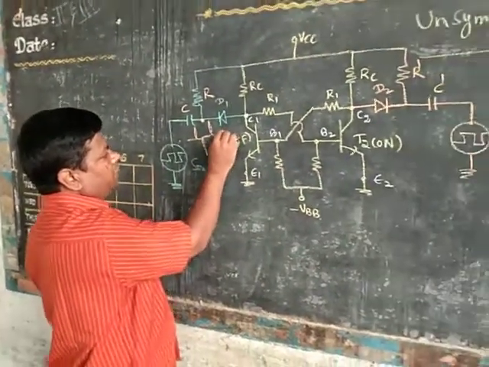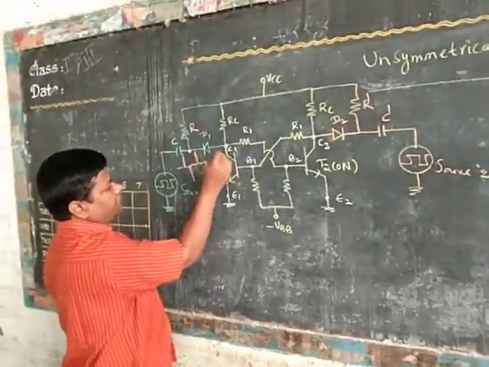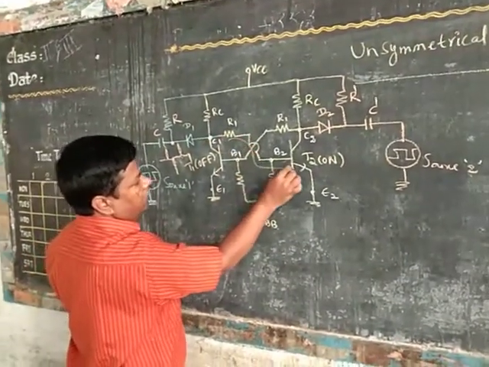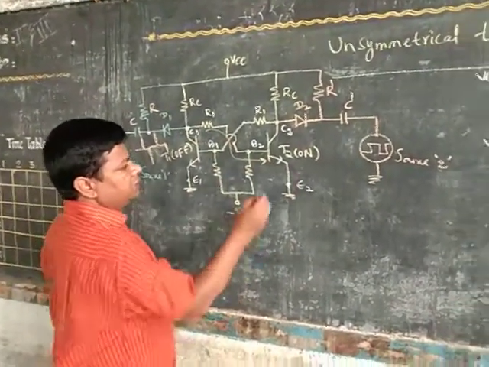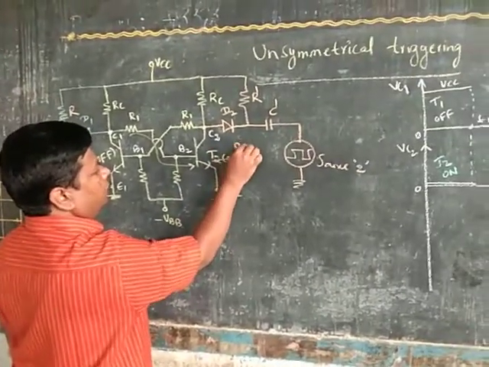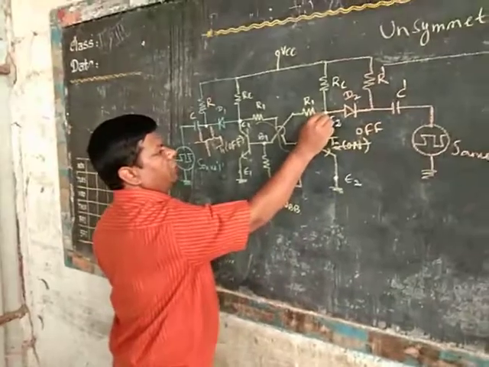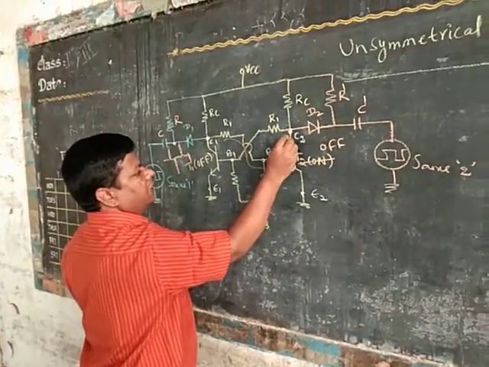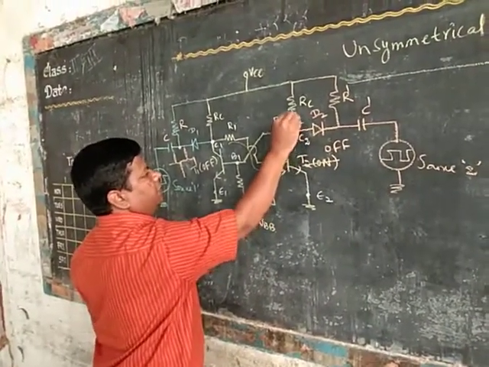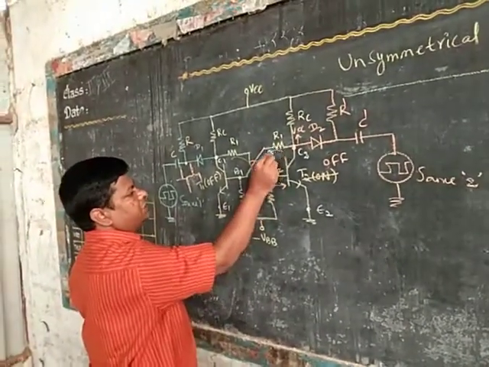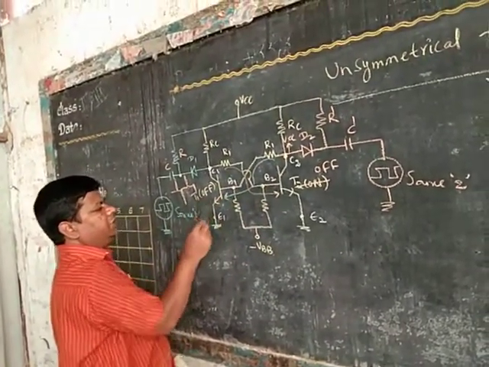For negative going, diode D1 on, this large negative voltage is applied to the base of T2 transistor. T2 enters into off. Whenever T2 enters into off, its collector voltage rises to Vcc. This raised Vcc is applied to the base of T1 transistor.